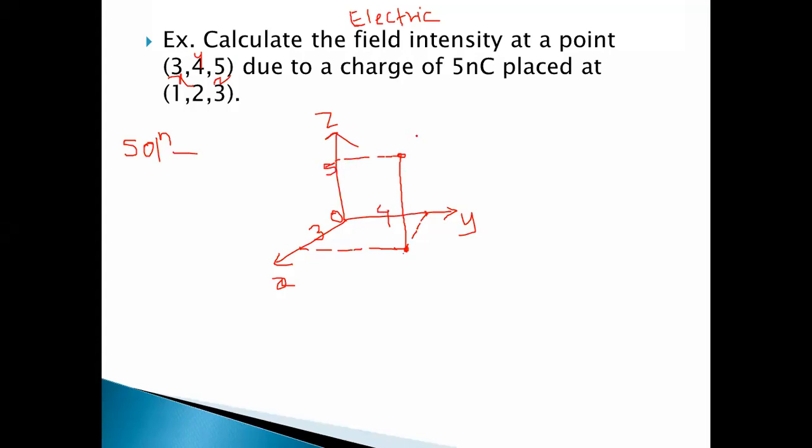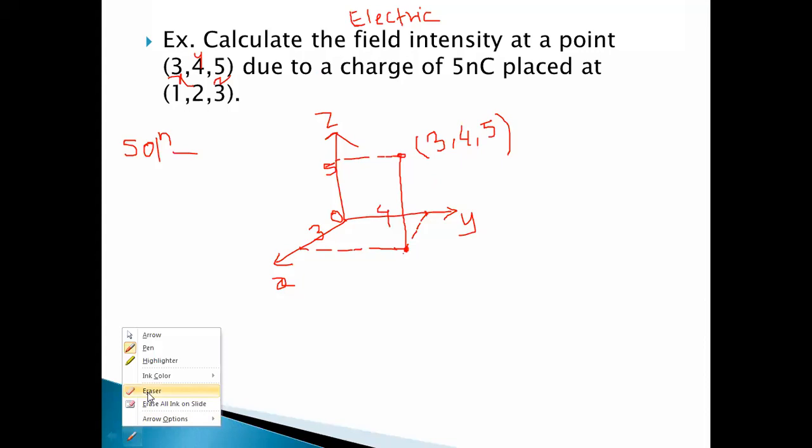So here you are getting the point 3, 4, 5. Is it clear now? How this point is obtained? Is it clear? Okay.